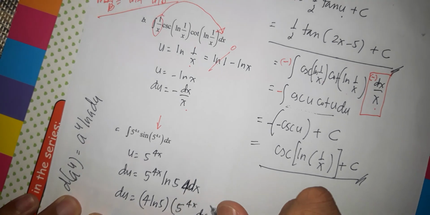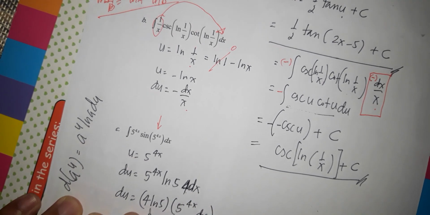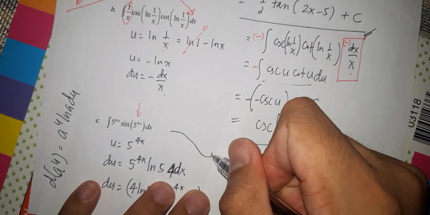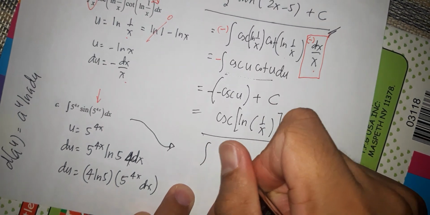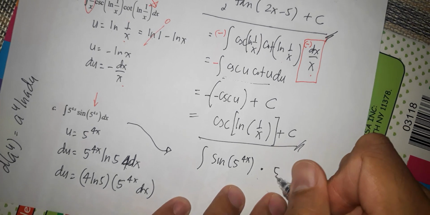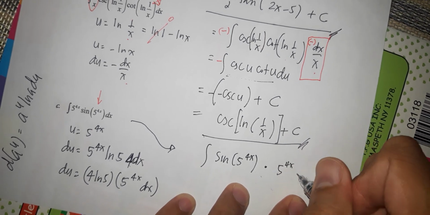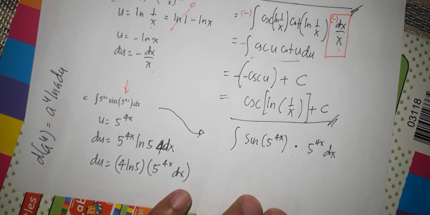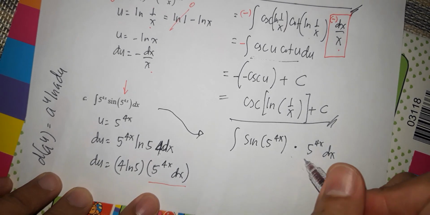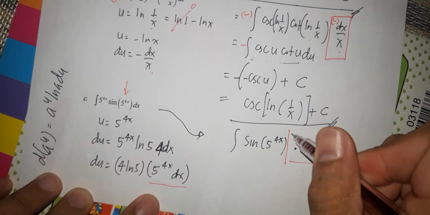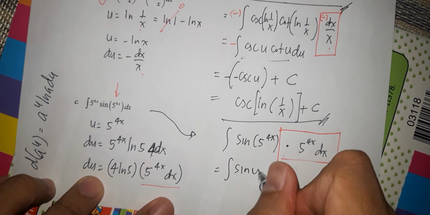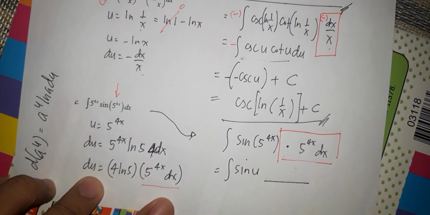So we multiply our 4 ln 5 by 5 to the 4x dx. Looking at our given, we can rewrite that as the integral of sine 5 to the 4x multiplied by 5 raised to 4x dx. So, as you can see, our du has 5 to the 4x dx. This is equivalent to the integral of sine u, so we need this to be du.